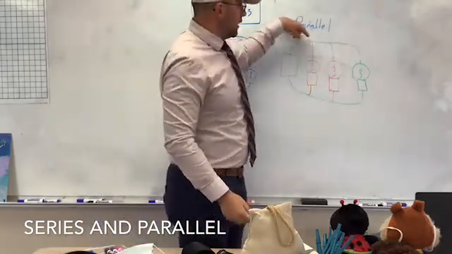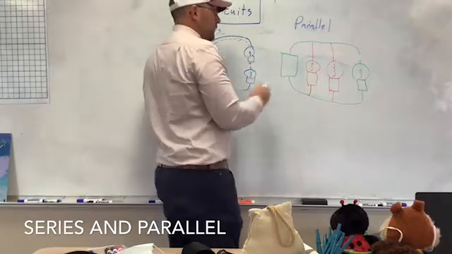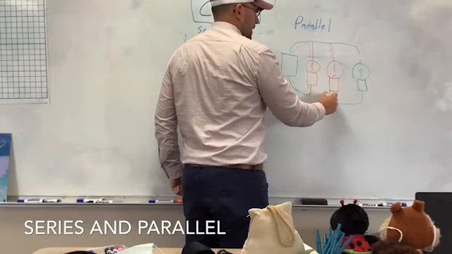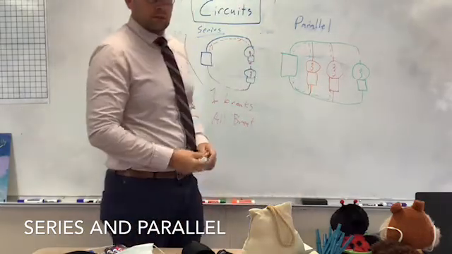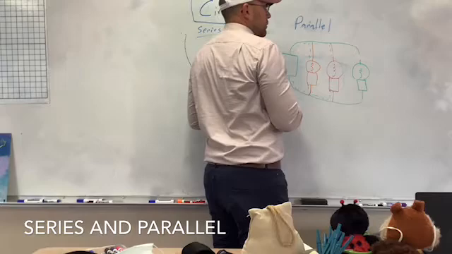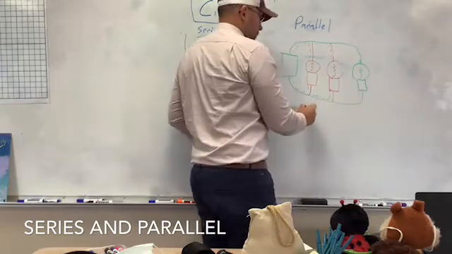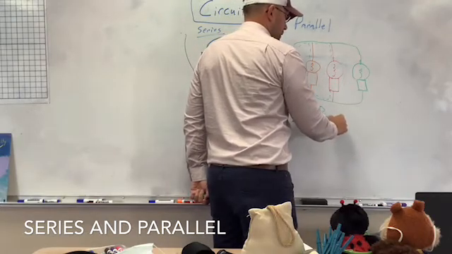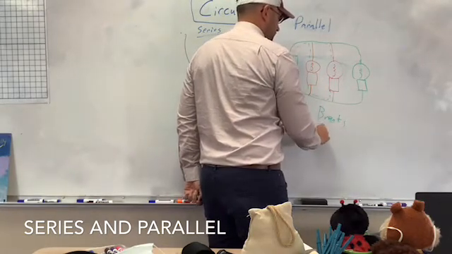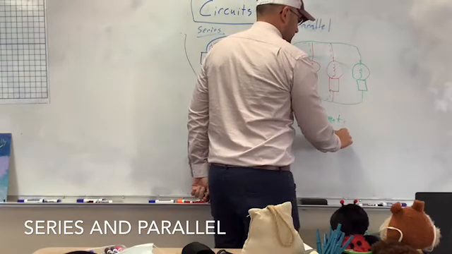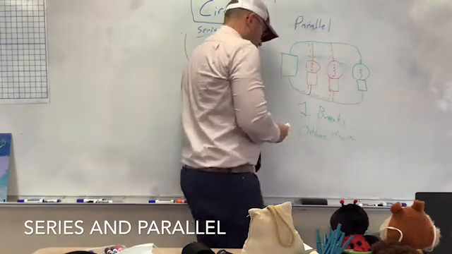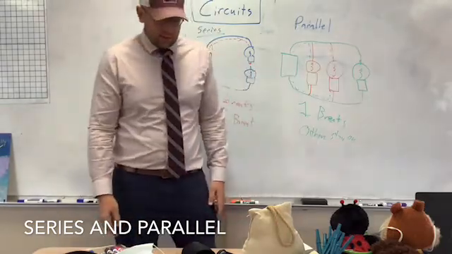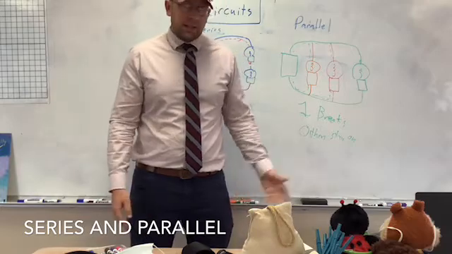If it cuts there, the electricity will still flow down there and around and through there and down. It still flows, all right? It just won't flow to the back one. So that's a parallel. In a parallel, if one breaks, the others stay on, because there are multiple paths. This is one path, this is multiple paths. And that is basically the difference between a series and a parallel circuit.